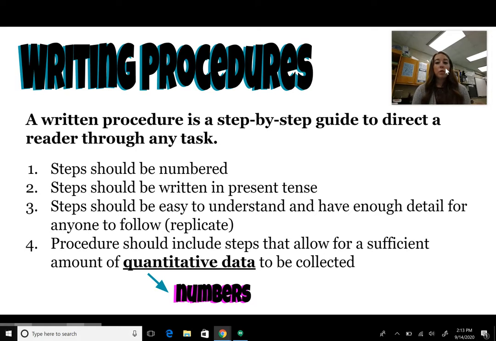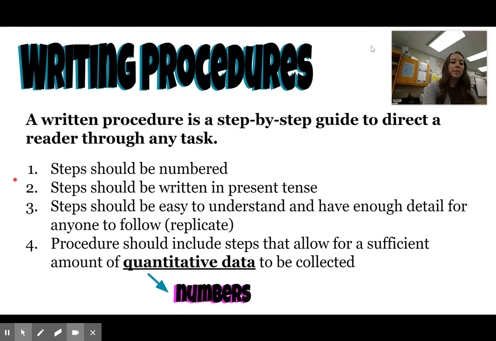So you always want to number your steps. So starting with step 1, step 2, 3, 4, 5. Just kind of like how this is here, right? We have our steps. Your steps should be written in present tense. That means you want your verbs to be doing. So put the right shoe on your right foot.